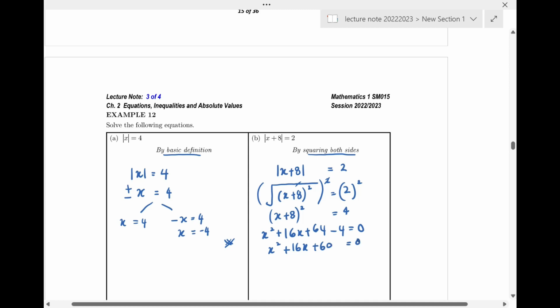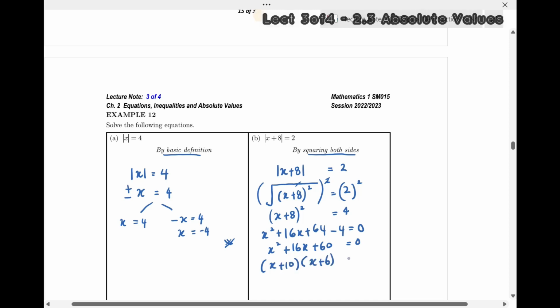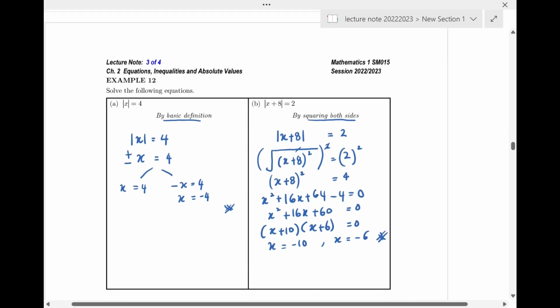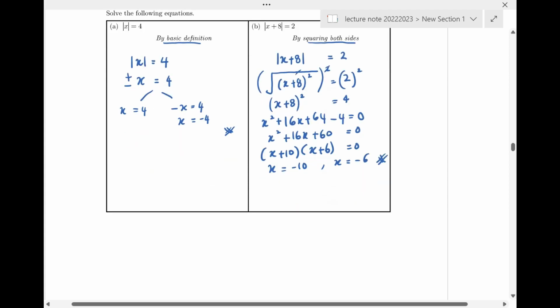This is a quadratic equation. Factorize: x plus 10 times x plus 6 equals 0. Then we have x equals minus 10 and the other one is minus 6, and we are done. So these are the absolute value equations.